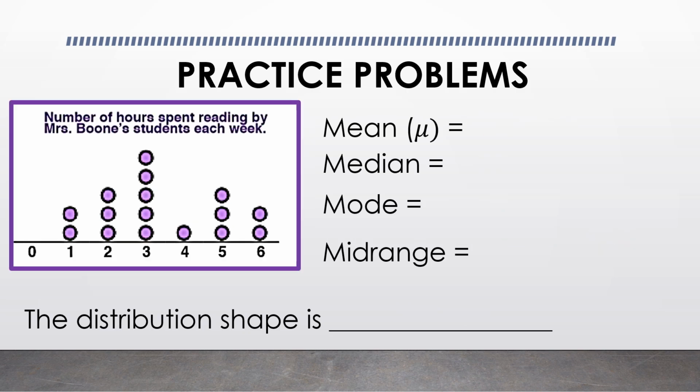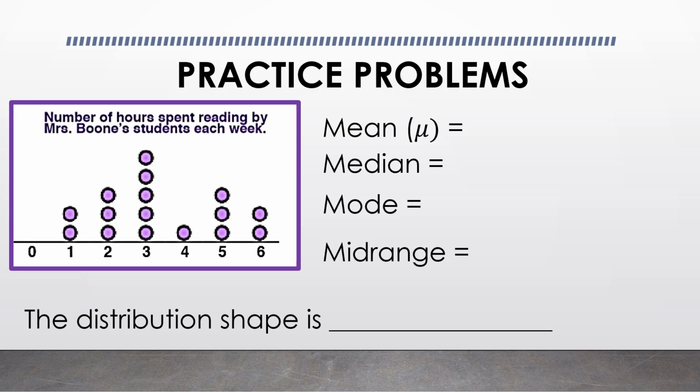Here's another practice problem. We have a data set. It's the number of hours spent reading by Mrs. Boone's students each week. It is a dot plot again. There are 2 students that read 1 hour, 3 students that read 2, 5 students that read 3 hours, 1 that read 4, 3 that read 5, and 2 that read 6 hours each week.